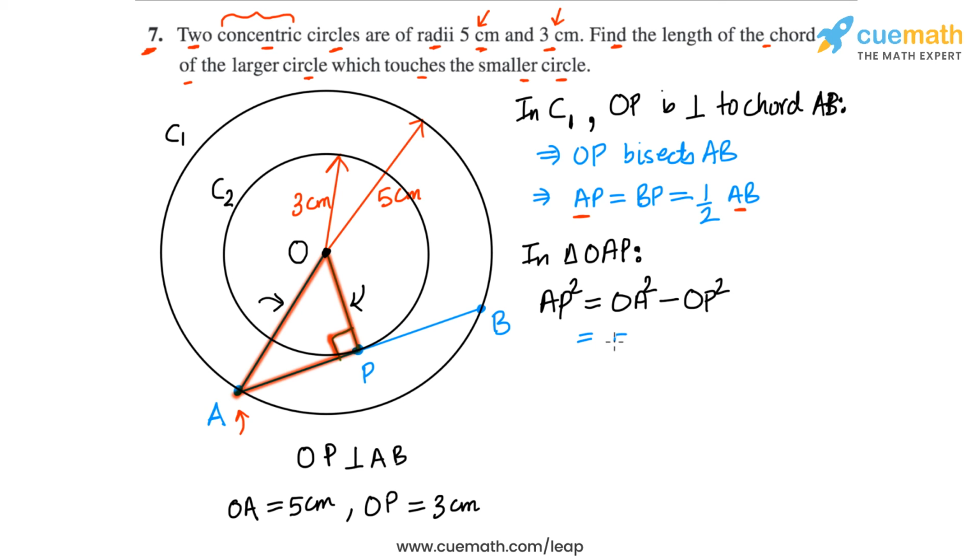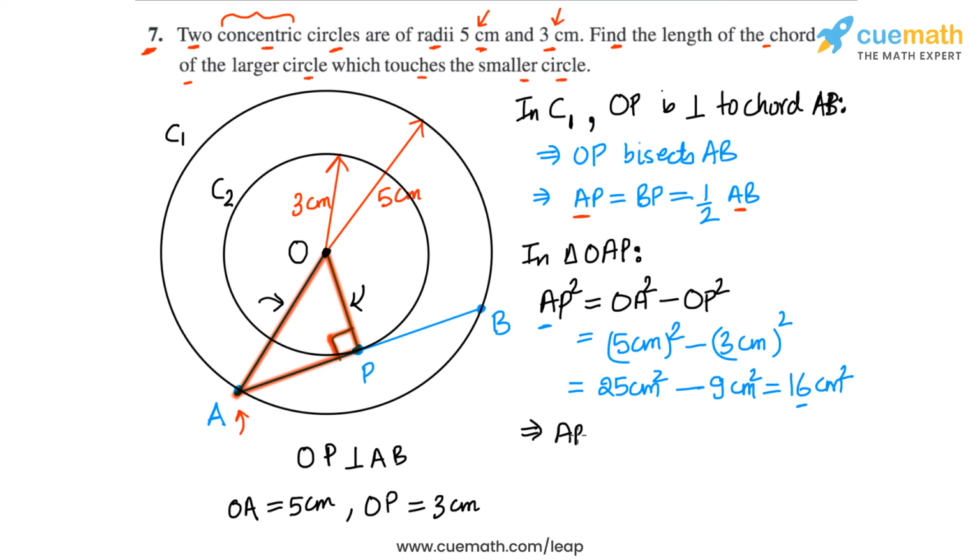OA is 5 centimeters, so 5 square, minus OP is 3 centimeters, so minus 3 square. 5 square is 25 centimeters square, minus 3 square is 9 centimeters square, and 25 minus 9 is 16 centimeters square. So AP square is 16, and taking the square root, AP comes out to be 4.